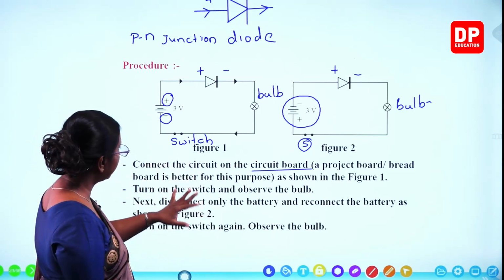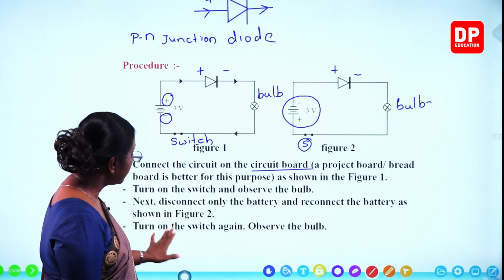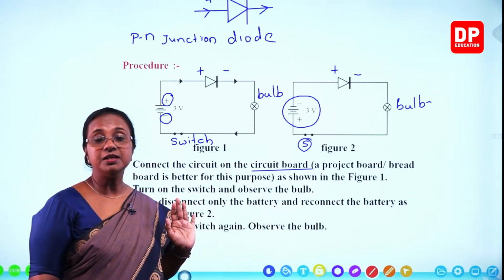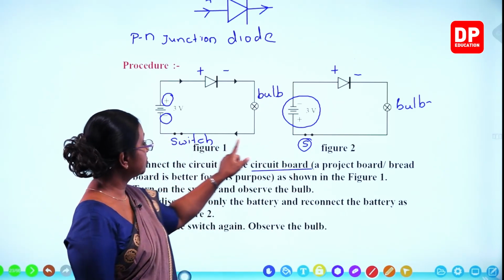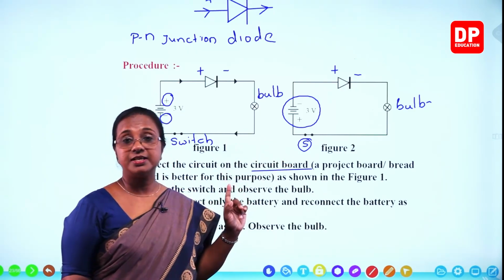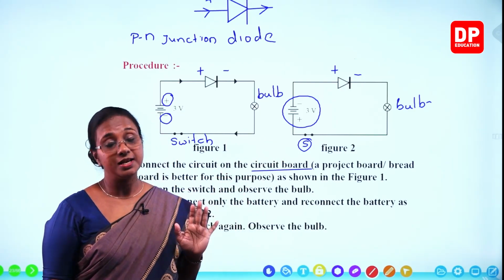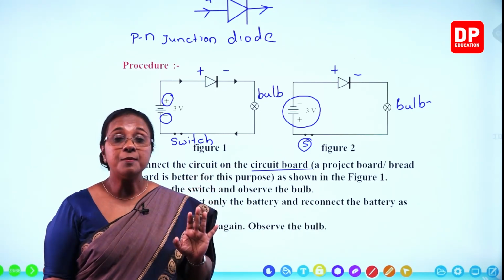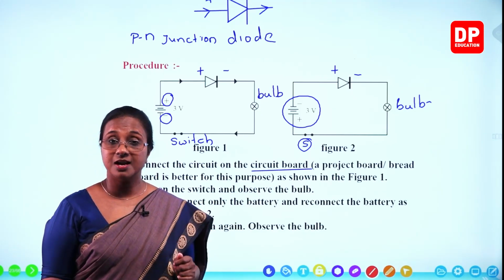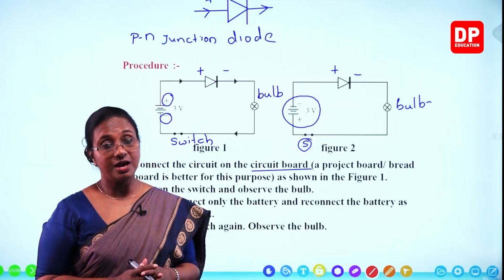So the same circuit, we only change the terminals of the battery. Turn on the switch again and observe the bulb. In both instances, the switch is turned on and we will see whether the bulb lights. So that is the activity to understand the biasing of a PN junction. Let's go to the lab and do this activity now.